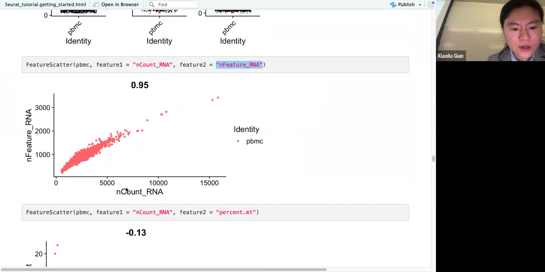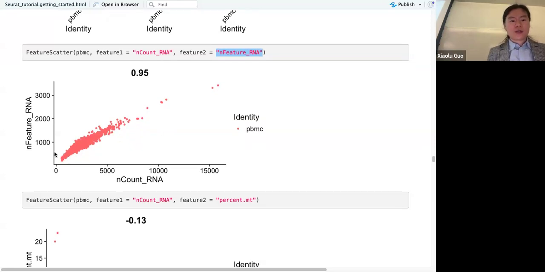The x-axis is the UMI counts, and the y-axis is how many genes are expressed in that cell. Each dot is a single cell, and it's almost a line, which means they are positively correlated, and the coefficient is 0.95.